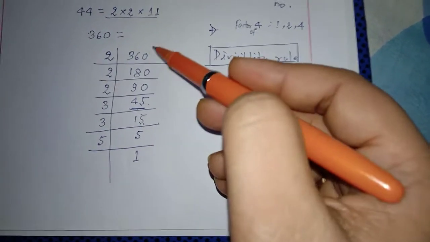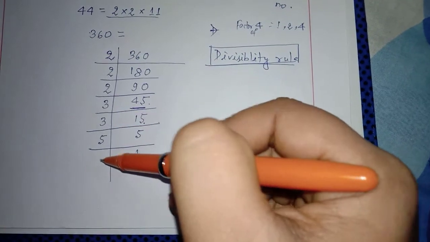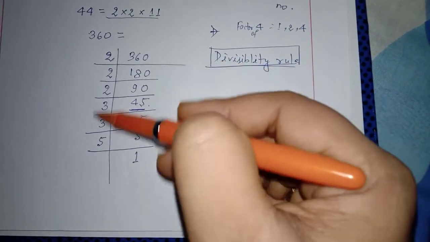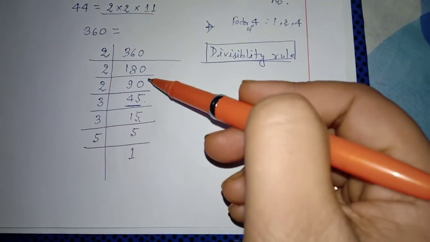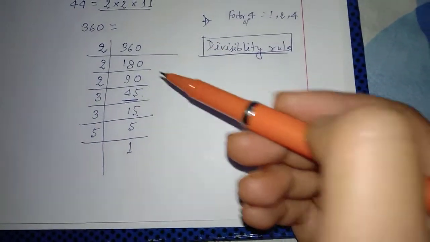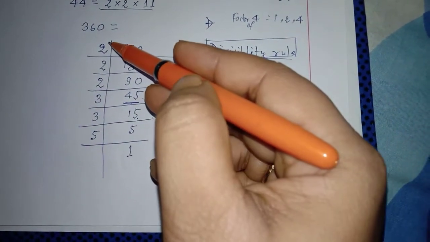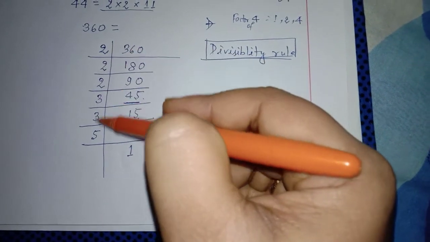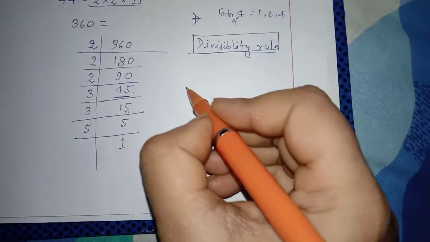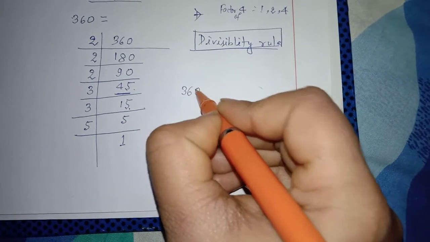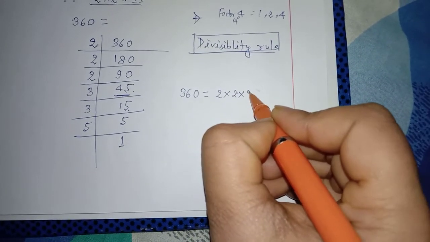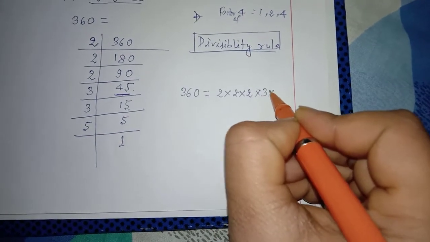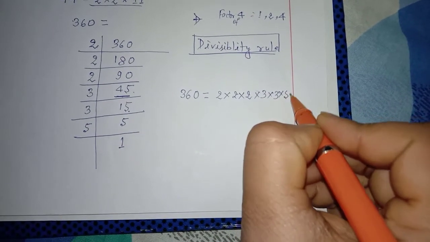Okay, now this is the prime factorization of 360. Here we are not trying to find the square root of 360, we are only writing the prime factors of 360. So can we write 360 in this form? 2 into 2 into 2, 3 into 3 into 5.